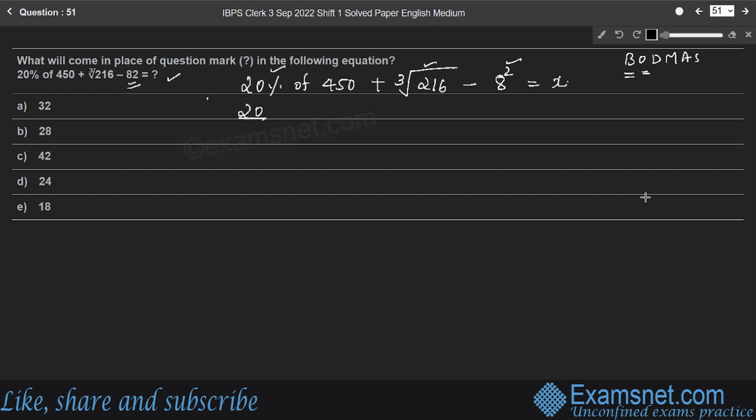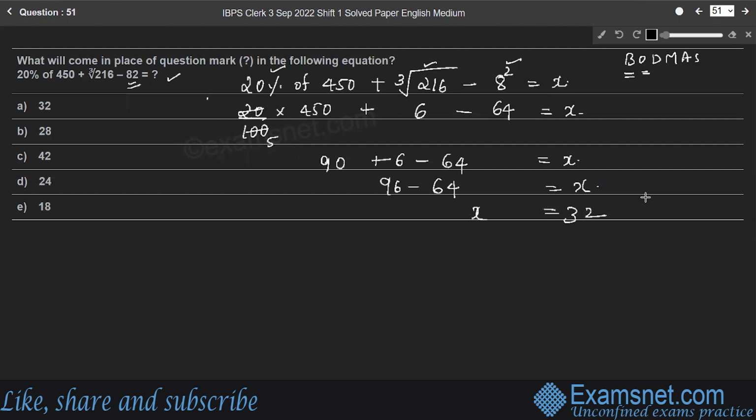Therefore 20% means 20 by 100 into 450 plus cube root of 216 is 6 minus 8 square is 64 is equal to x. So 20 by 100 is 1 by 5. So it is 450 by 5 is 90 plus 6 minus 64 is x. So 96 minus 64 is equal to x, which is equal to 32. So x is equal to 32, option A.